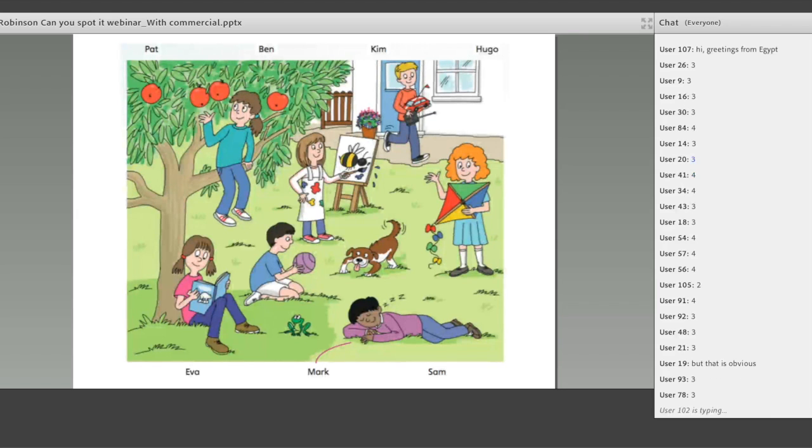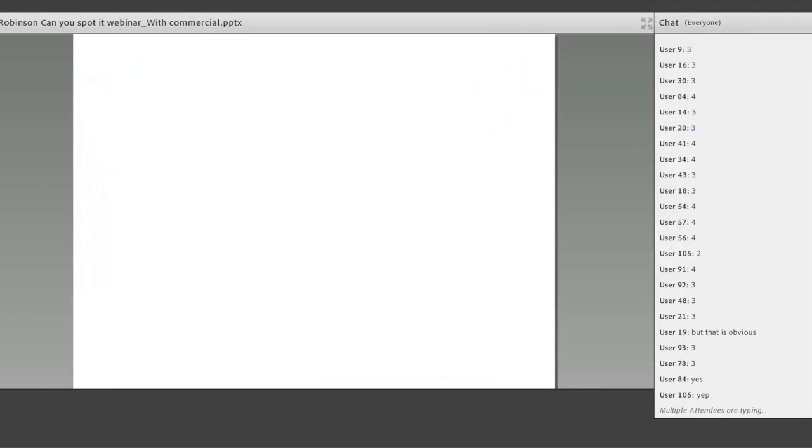Do you want to just check your answers there? So we have 7 children. And 4 of them are girls and 3 of them are boys. Okay. Now, another question. Some of the children are holding things.